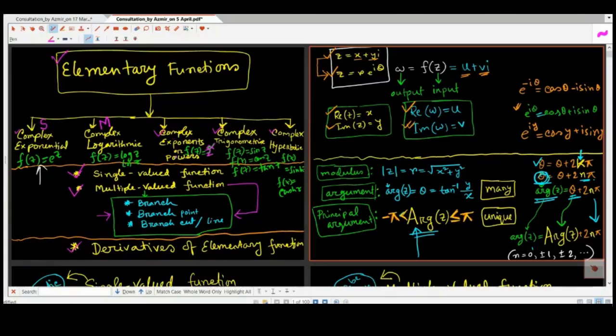Complex exponents or powers are also multiple valued functions, but complex trigonometric and hyperbolic functions can be single valued functions. So complex exponential, trigonometric, and hyperbolic are single valued functions, and complex logarithmic and exponents are multiple valued functions.